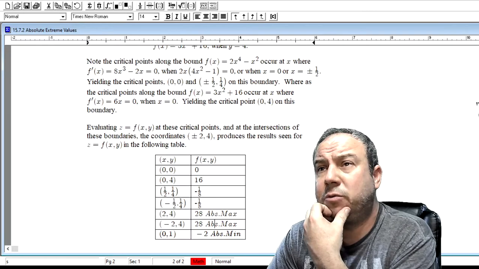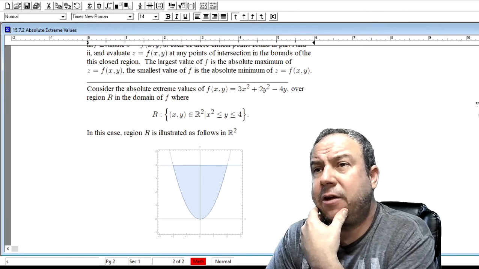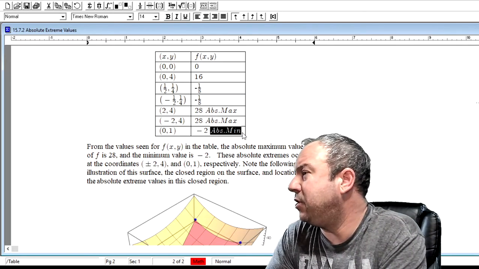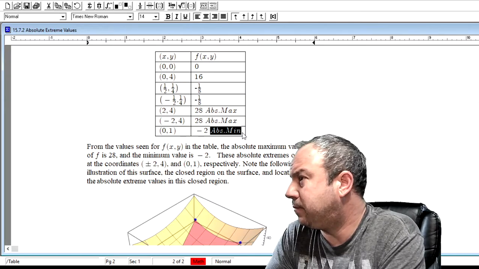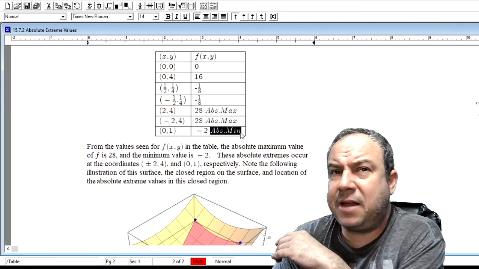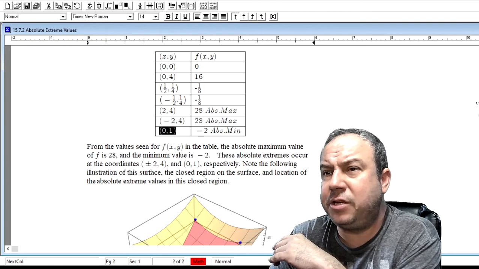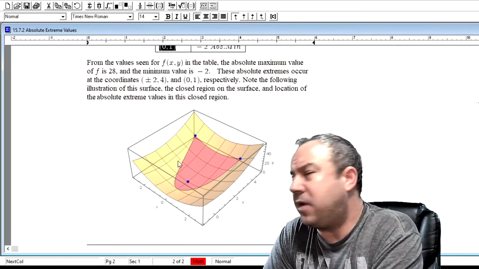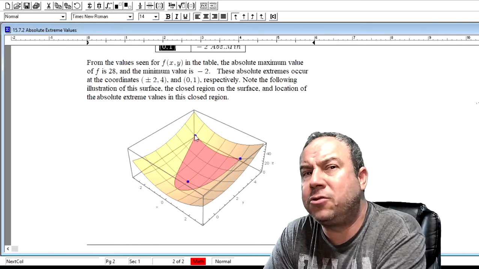When we have closed regions, you're guaranteed to have both an absolute max and an absolute minimum value on that region if it's closed. It could happen at a critical point within that region. It could happen at a critical point on the boundary of that region.